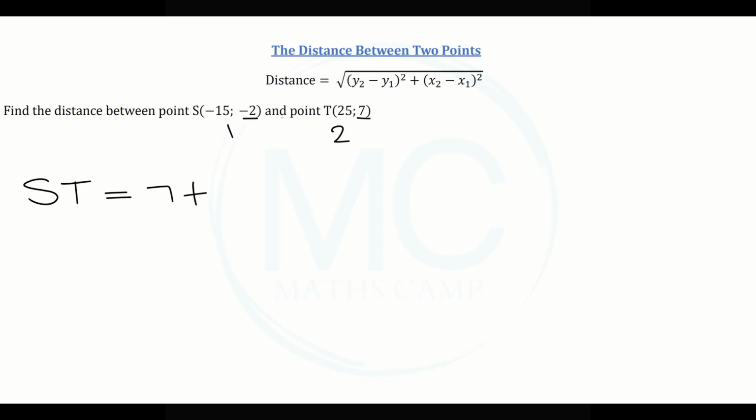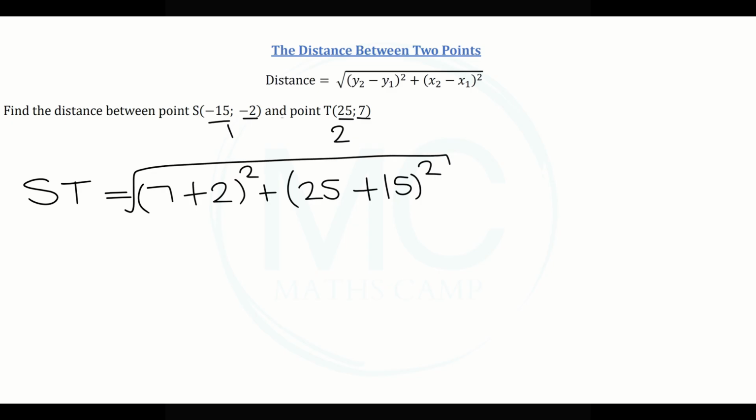So we say minus -2 becomes 7 plus 2 in a bracket squared, plus the x-coordinate of T, 25, minus the x-coordinate of S, -15, and this becomes plus 15, close the bracket, squared, all under a square root.